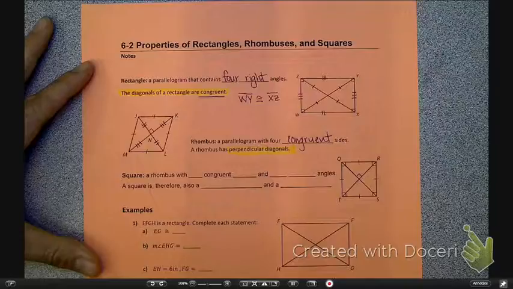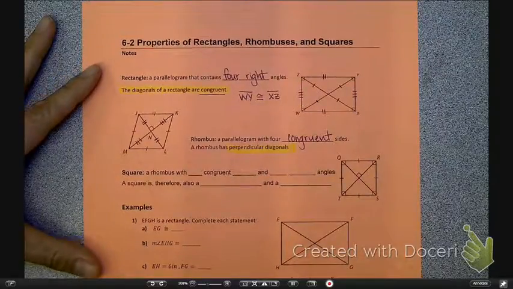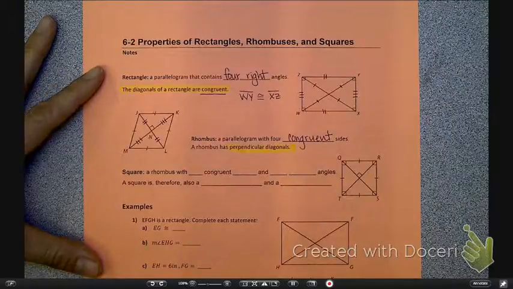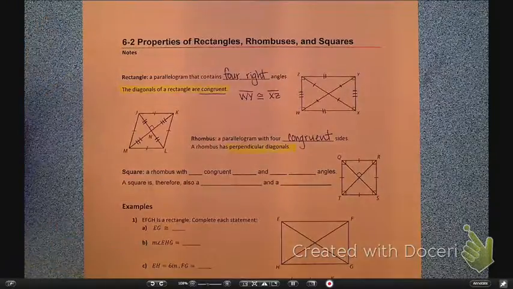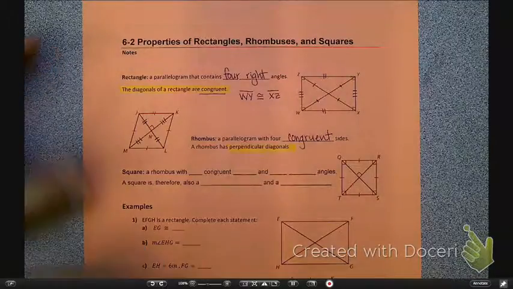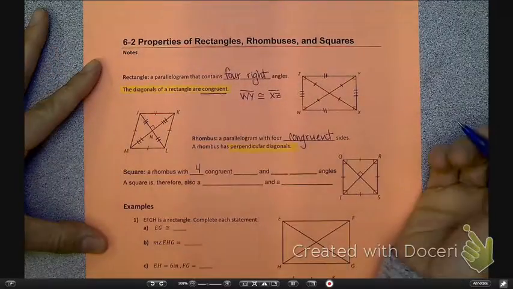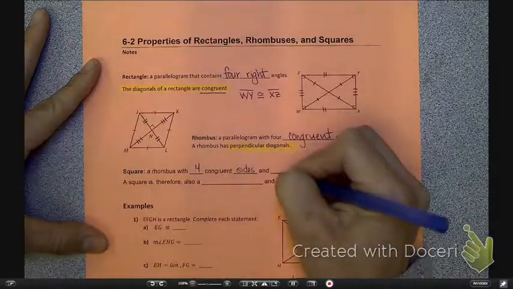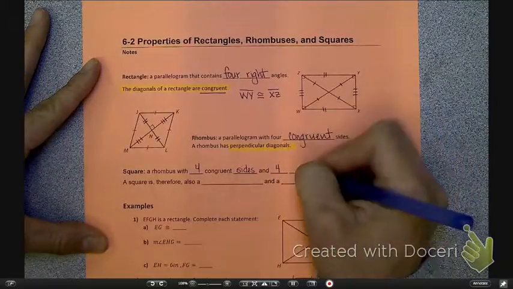The last figure we're going to learn some properties of today is a square. A square is basically a parallelogram. It's also a rhombus with 4 congruent sides, and it also has 4 right angles.